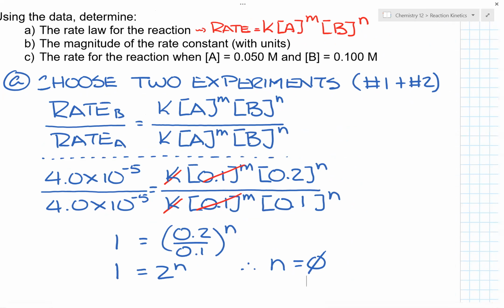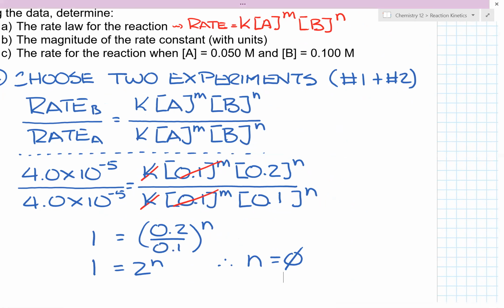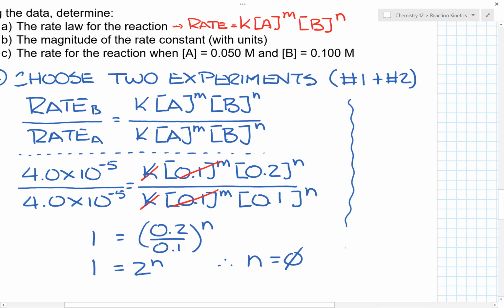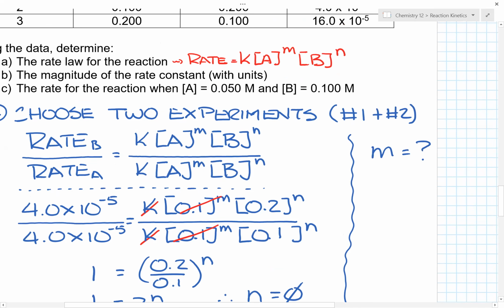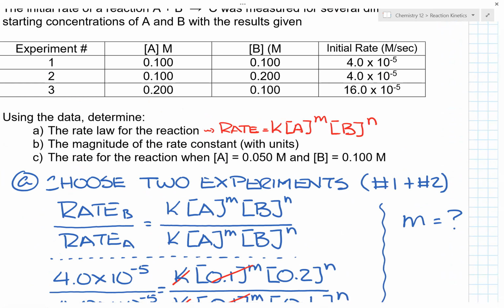So now what you can do is find M. So what is M equal to? Again, in this particular case, if I were to solve for M, or the exponent for the concentration of A, I would probably choose experiment 1 and experiment 3.